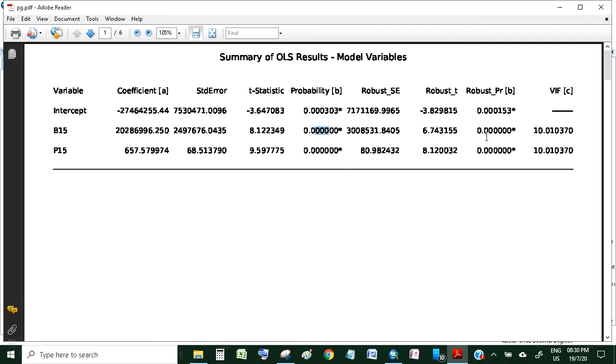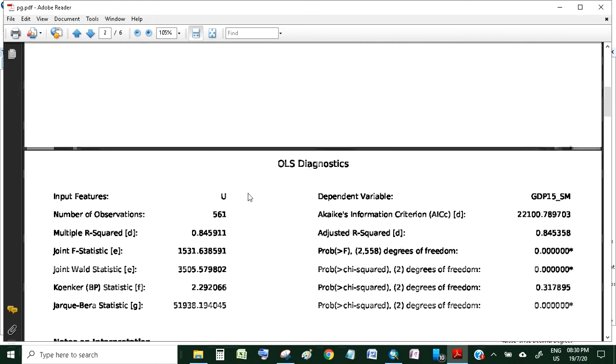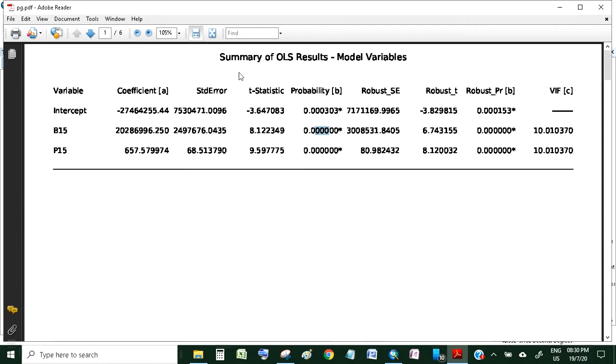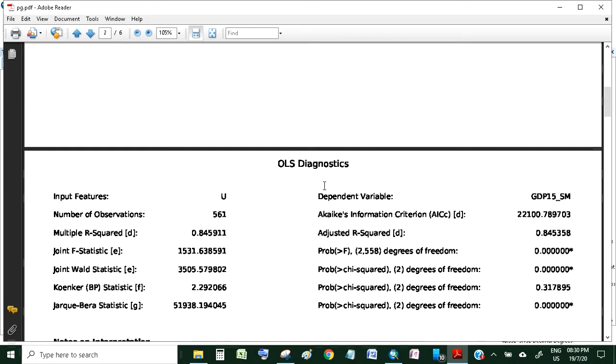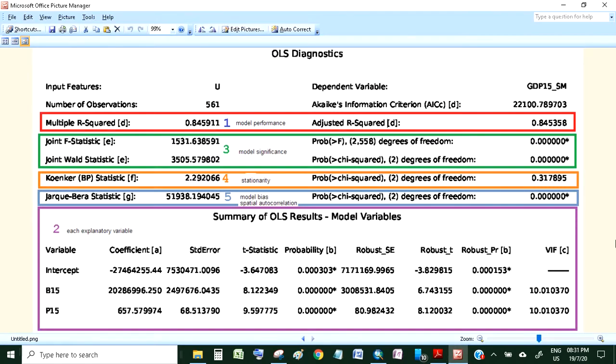What I did, I copied these two pieces of information, summary and OLS diagnostics, and made an image. So here I have pasted it, and the first thing which we should see is the multiple R squared or adjusted R squared.